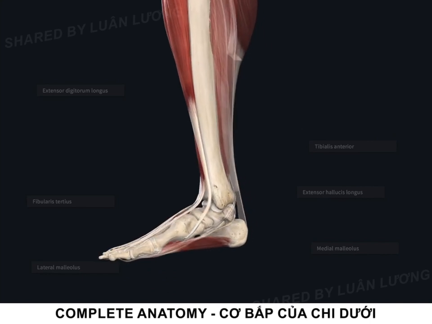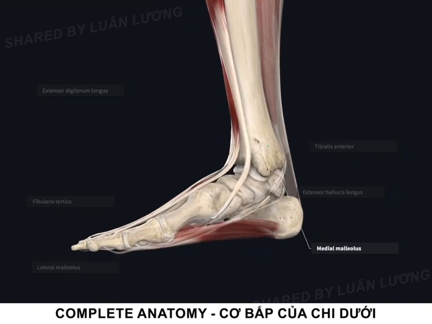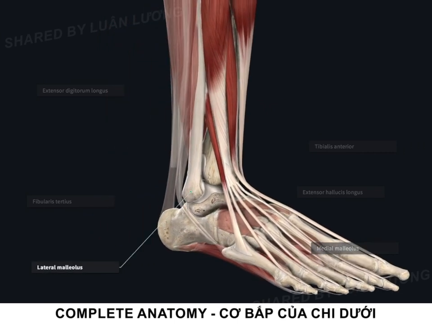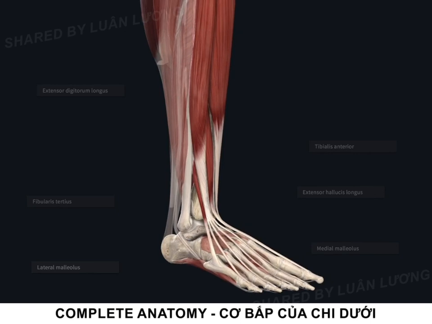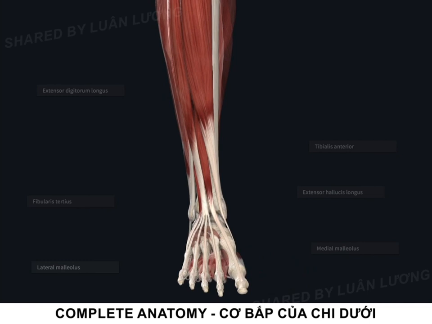As they cross the ankle, all of these tendons are going to be positioned between the medial malleolus, the large bony prominence on the medial aspect of my ankle from the tibia, and the more laterally located lateral malleolus, which is the large bony prominence on the lateral side of my ankle, but comes from the fibula. So these four muscles are going to be positioned between the two bumps, the medial malleolus and the lateral malleolus.